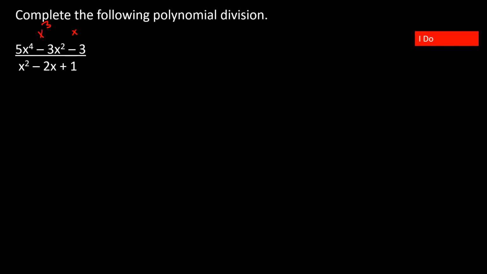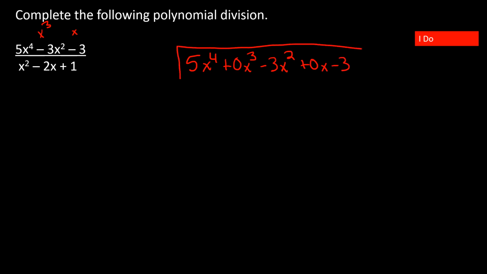So what we'll see here is 5x to the 4th plus 0x cubed minus 3x squared plus 0x minus 3. And we're dividing all of this by x squared minus 2x plus 1.